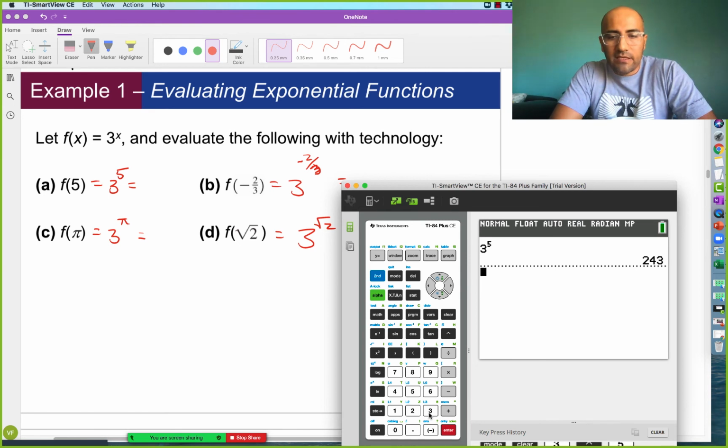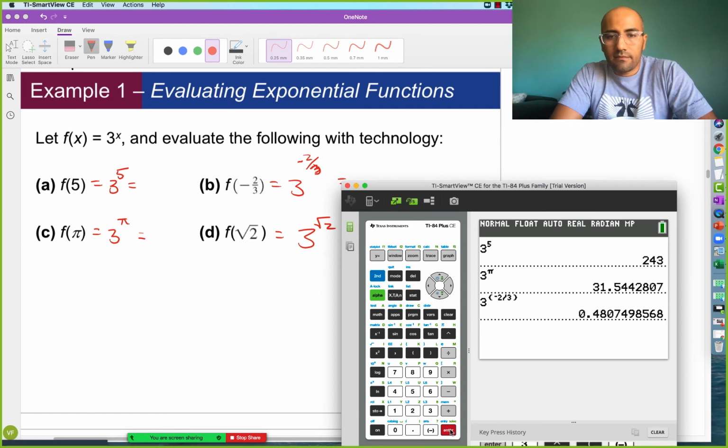Okay, so next, how about 3 to the power of pi? To the power of pi, and pi is right above the caret symbol, so hit second, and then that caret symbol, and then enter. I get that. 3 to the power of, and then I would wrap it in parentheses. We have negative 2 divided by 3, close the parentheses.